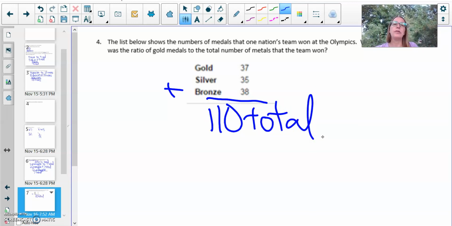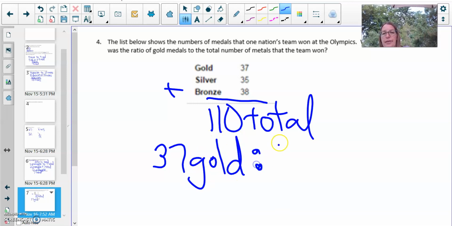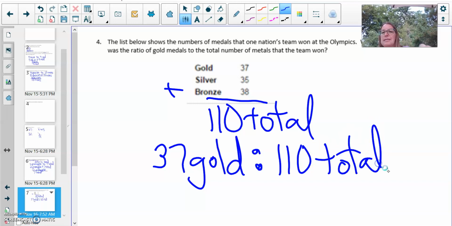And we want the ratio of gold to total. So my ratio would be 37 gold to 110 total. That ratio does not simplify, so that is one way that I could write my answer. They didn't tell me what version to use for my answer, so I'm going to use the colon method there.